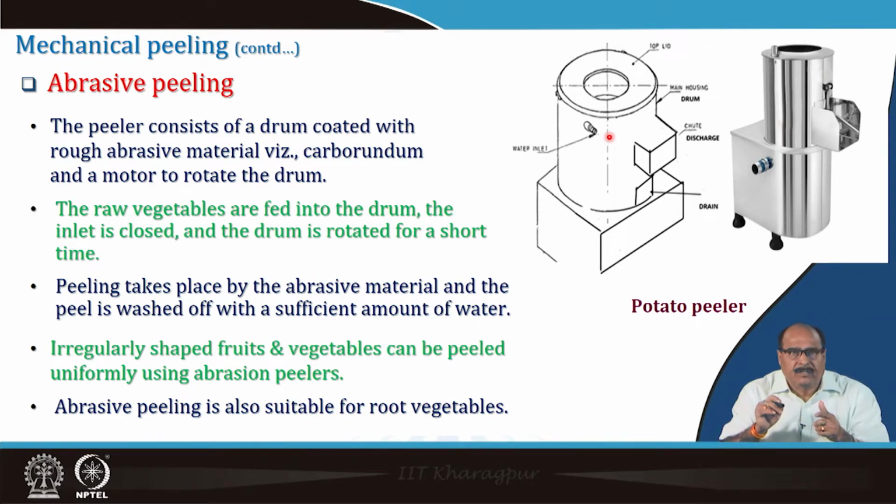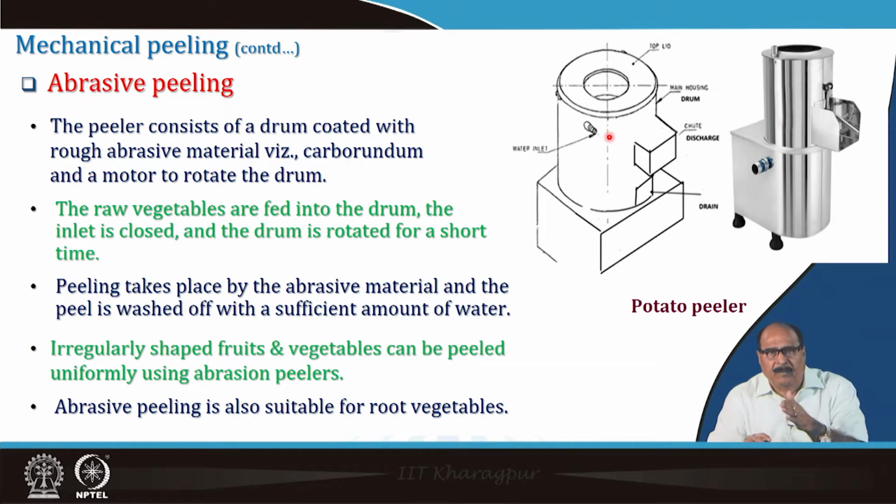The raw vegetables, particularly potato, or such fruits or vegetables are fed into the drum. The inlet is closed and the drum is then rotated for a short period of time. Peeling takes place by the abrasive material and the peel is washed off with a sufficient amount of water. Irregularly shaped fruits and vegetables can be peeled uniformly using abrasion peelers, and abrasion peeling is also suitable for peeling certain root vegetables.